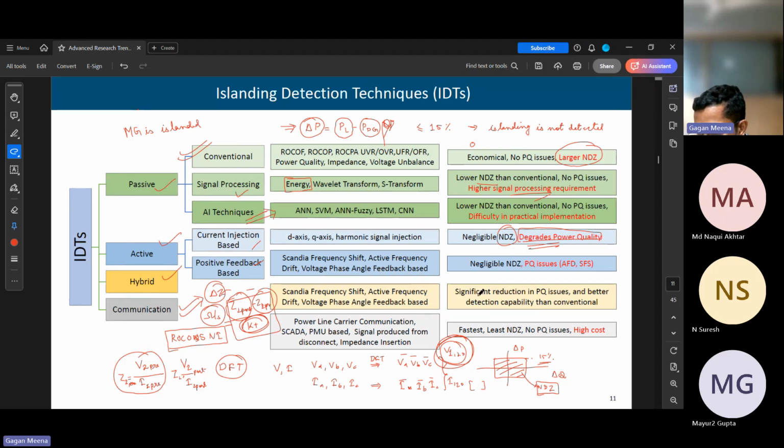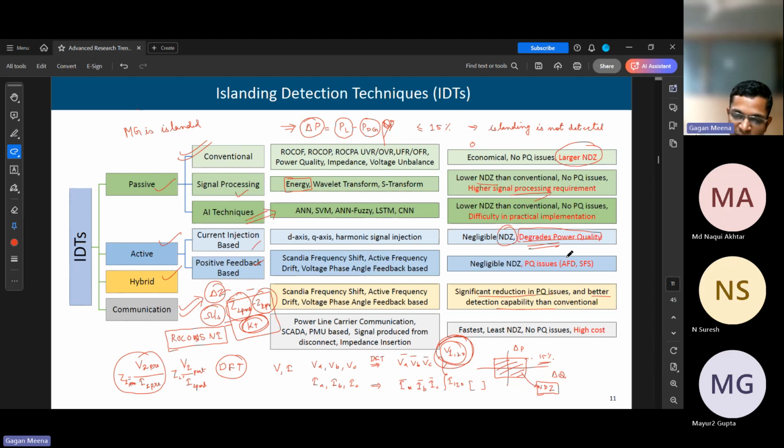So it has a significant reduction in power quality issues and also better detection capability than conventional. It combines the advantages of both passive and active. Passive had the advantage of being simple and having no power quality issues, but because its NDZ was high, active complements it by providing very negligible NDZ, though it has power quality issues.